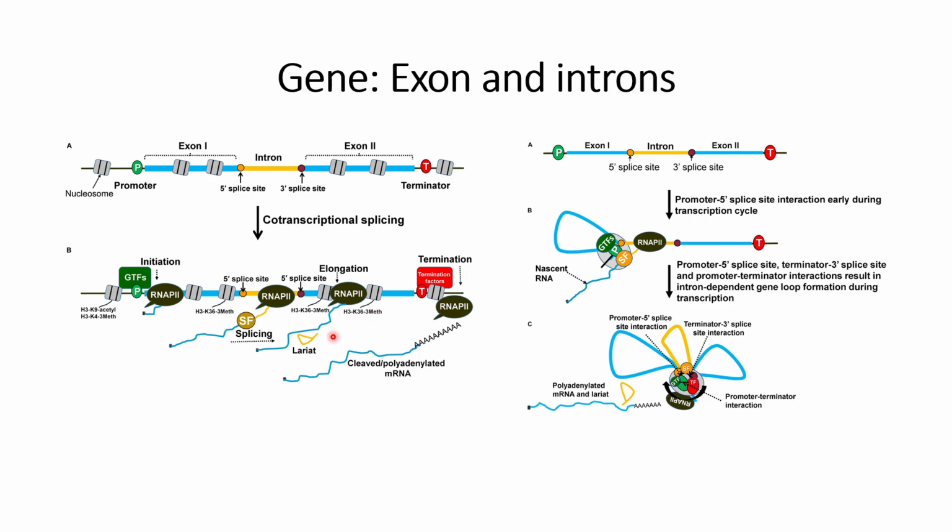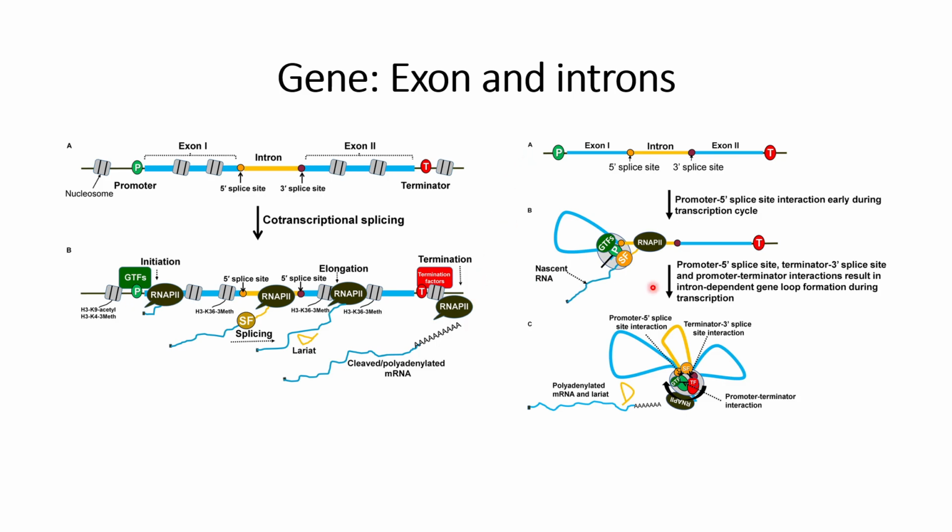One more important function of RNAP2 is that it helps in termination, that is, it cleaves off the polyadenylated mRNA, and we know that polyadenylation is essential for the stability of the mRNA.